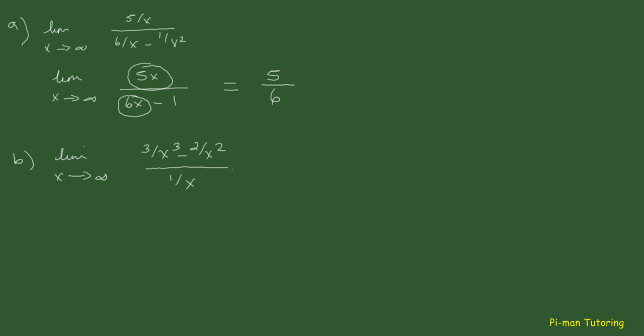So let's begin by multiplying top and bottom by x. So we have the limit as x tends to infinity of 3 over x squared now, minus 2 over x, all divided by 1. And now as x tends to infinity, the top tends to 0 and the bottom tends to 1. So we're left with the limit being 0.